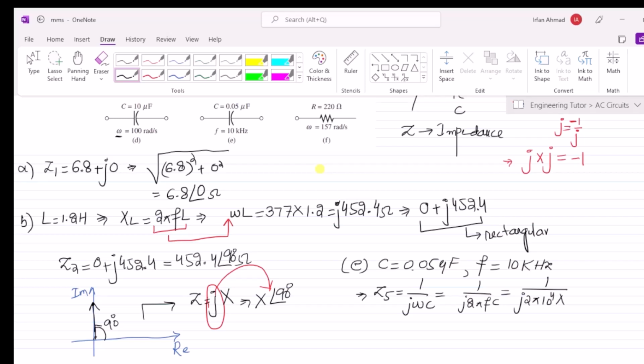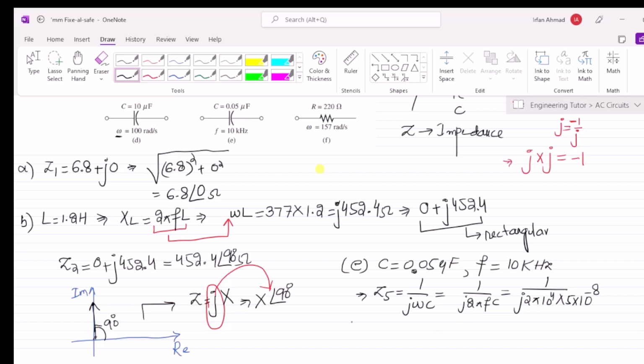Multiplying by the microfarad, micro is 10 to the power minus 6, so 5 into 10 to the power minus 8 here.